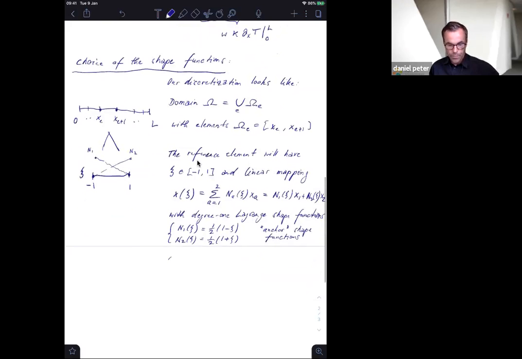Good. And using these linear shape functions, we also find the Jacobian. So J is the derivative of position x with respect to xi, which would be just 1/2 of x2 minus x1.